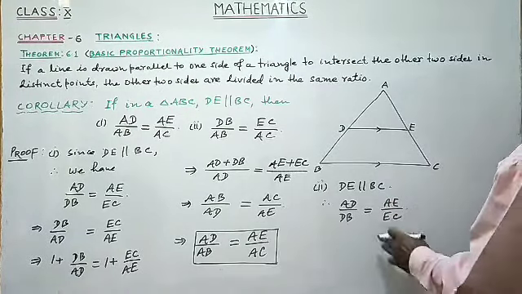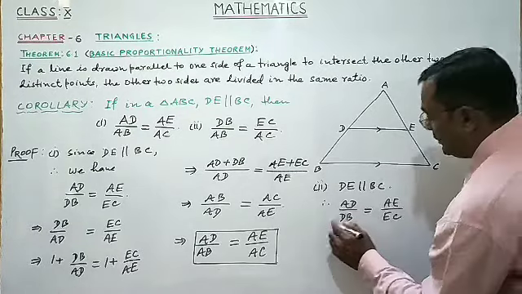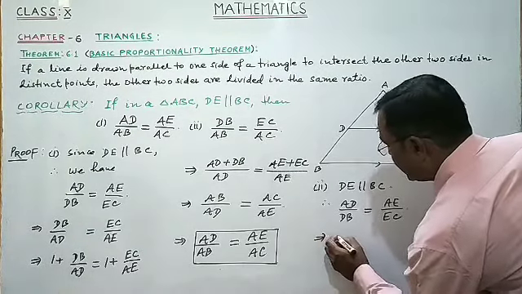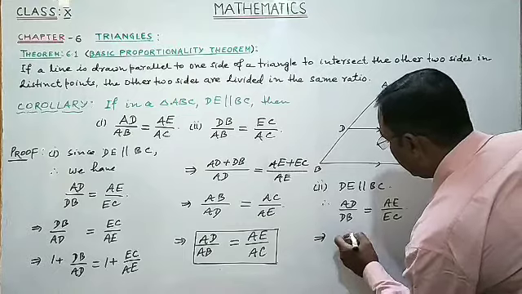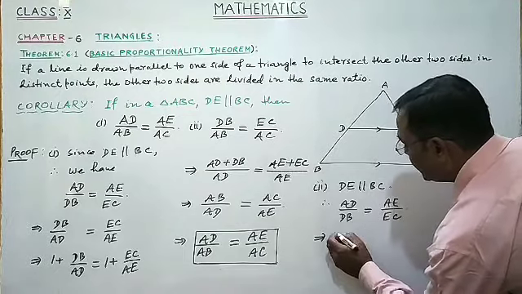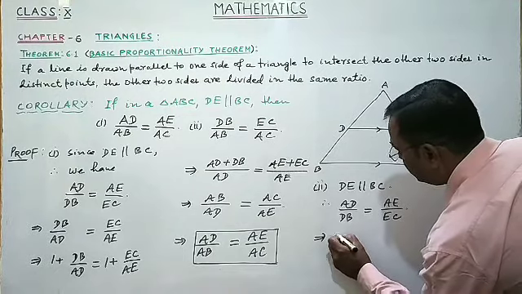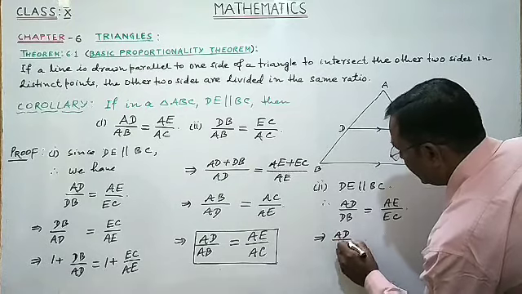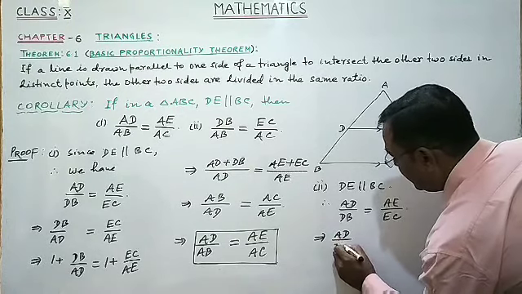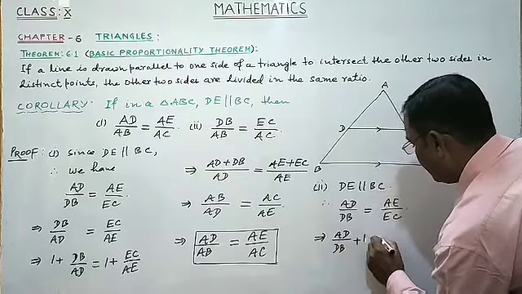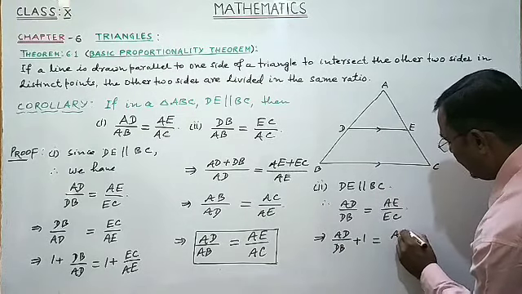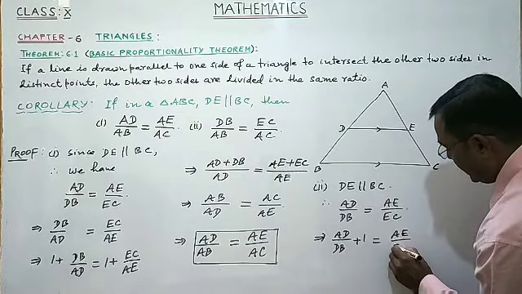Add 1 to both sides, and we get AD by DB plus 1 equal to AE by EC plus 1.